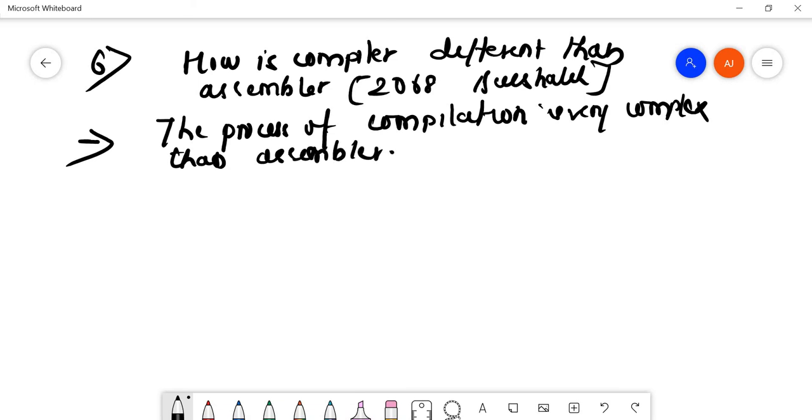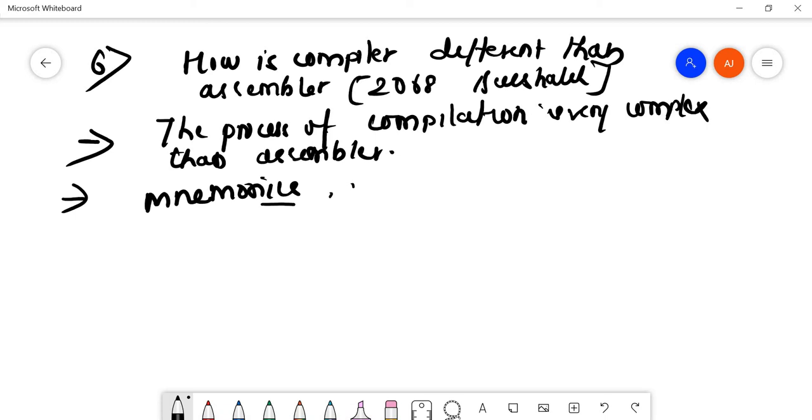Okay, so here we can also write that in assembler, the programming language is in the form of mnemonics. So here it deals with mnemonics, whereas compiler deals with machine code.